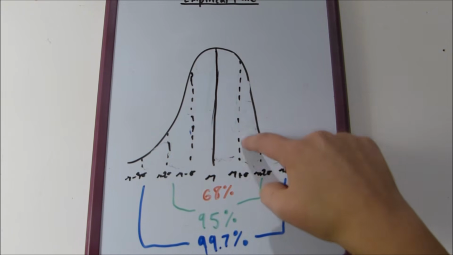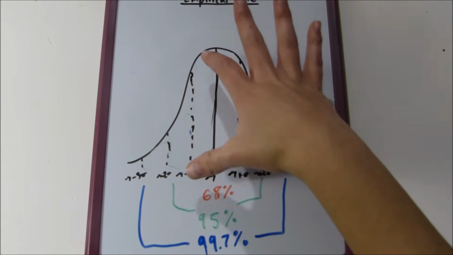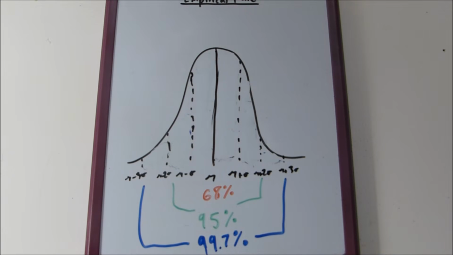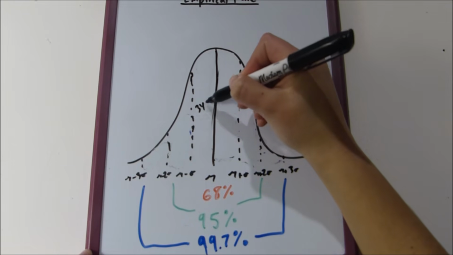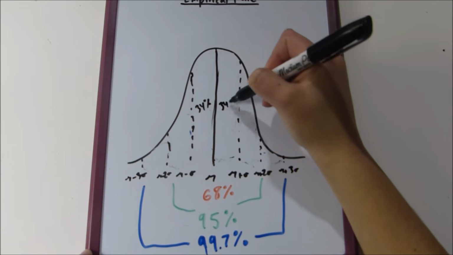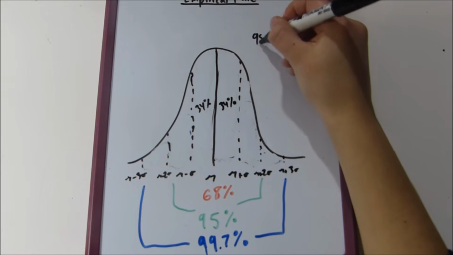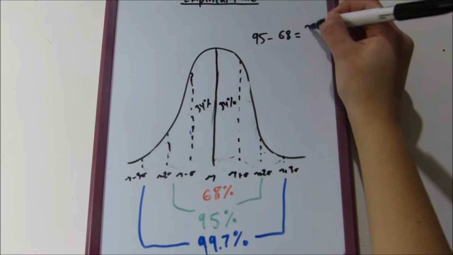1, 2, 3, 4, 5, 6. These numbers make up this entire 1 standard deviation away section. But what we can do is we can divide 68 by 2 to get 34% and 34%, right? And then what we can do is we can subtract 95 minus 68, we get 27.